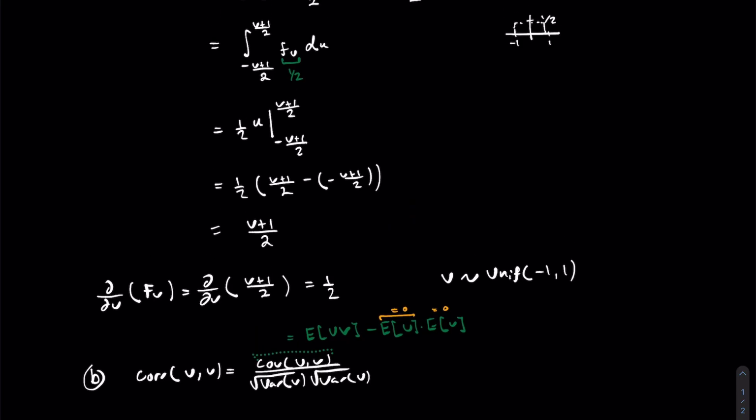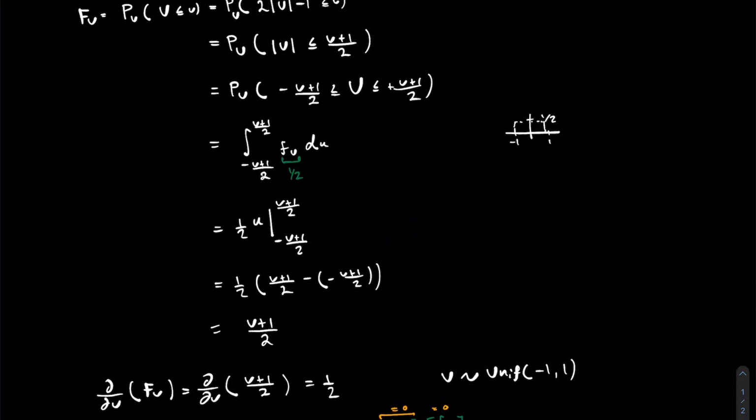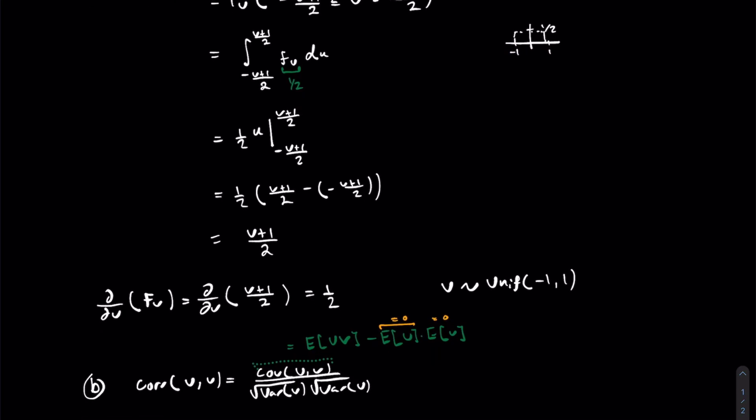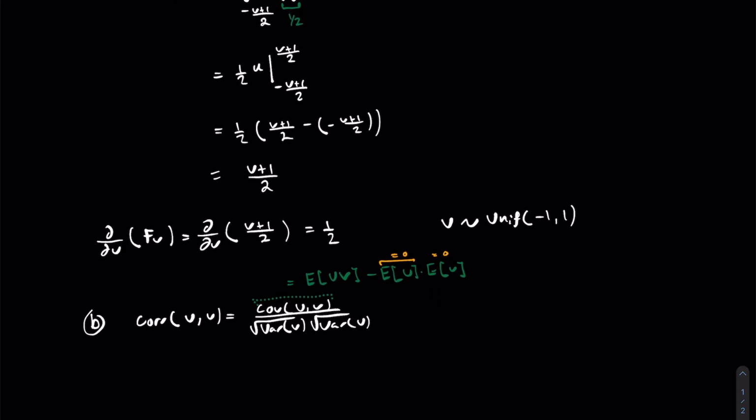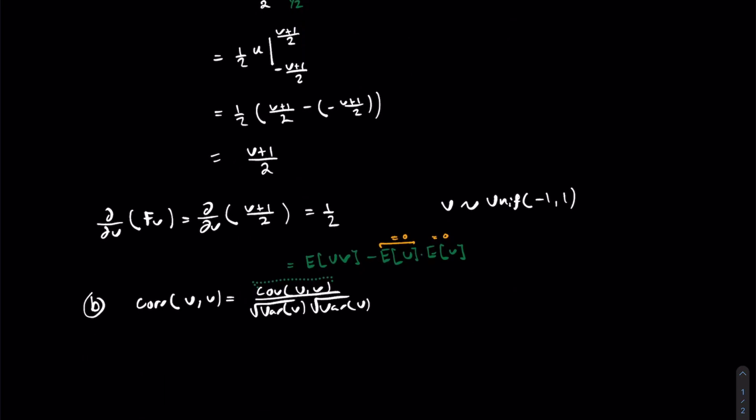We can see that by looking at the PDF here: there's an equal amount of density to the right as to the left, so we end up with an expectation of 0. And so we're left with this term here.